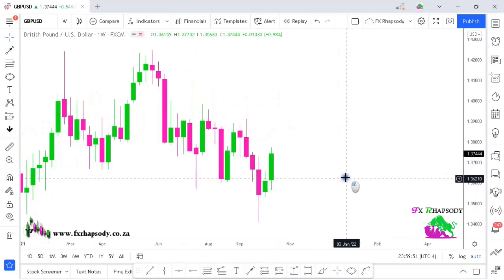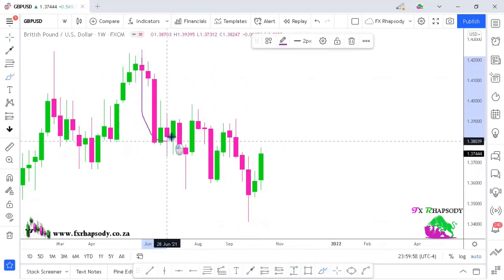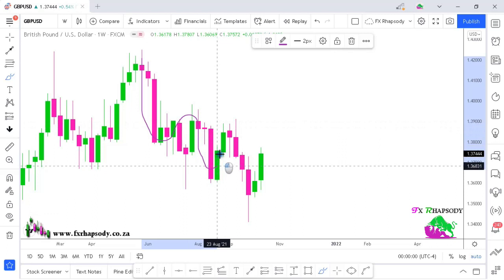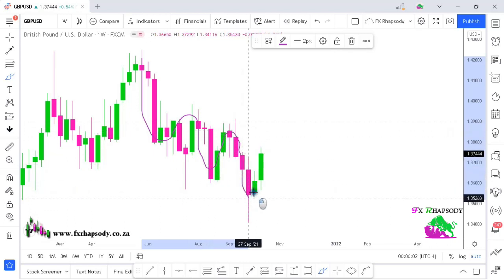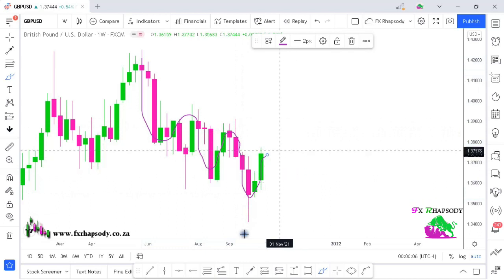Okay. So again, you can see how price made its move up and down, up and down, and now coming back to retrace. That's your retracement area.